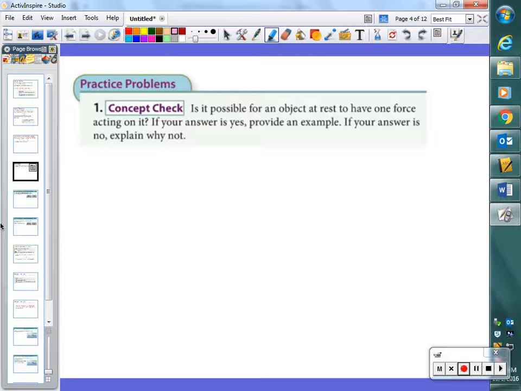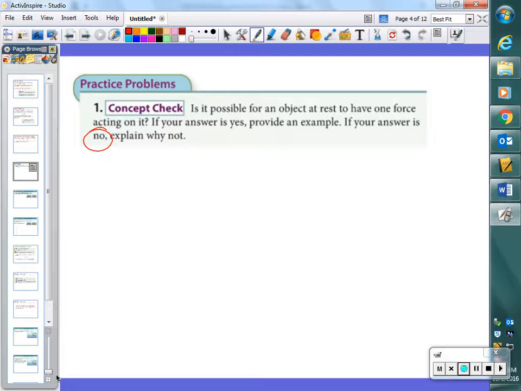Because forces do what? They cause the object to, let's say, more generally to accelerate, right? Could be speeding up, could be slowing down, could be changing directions, all right? So our answer here, if we only have one force acting on the object, is no. And why?